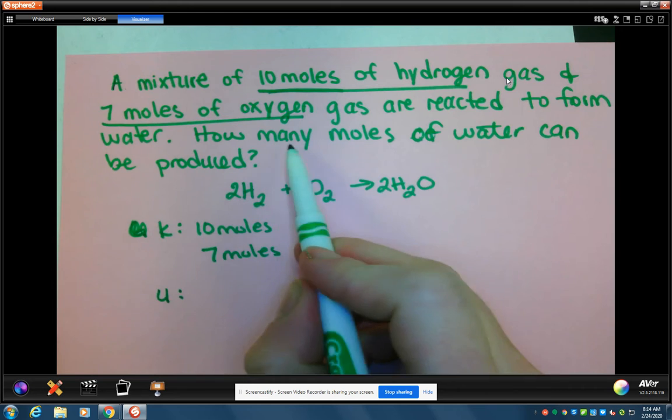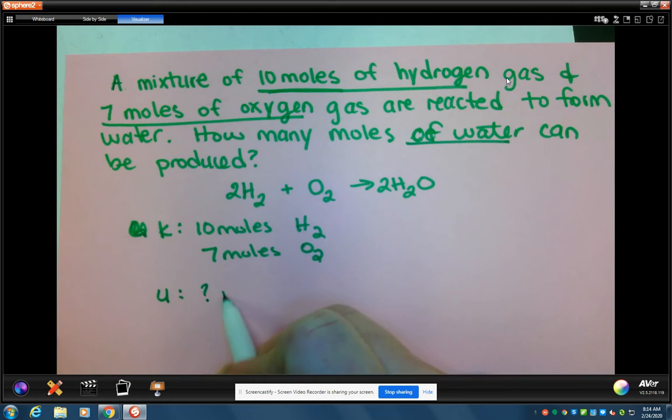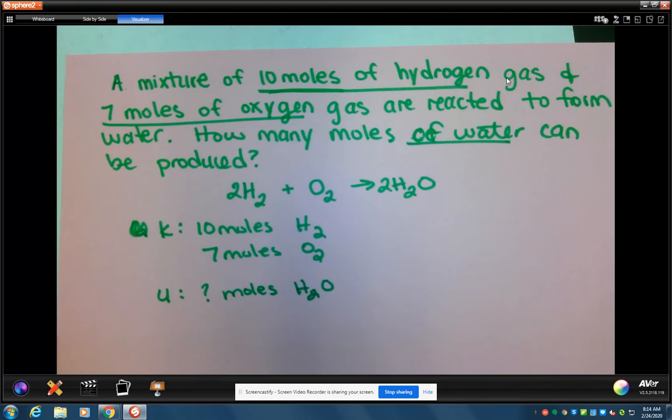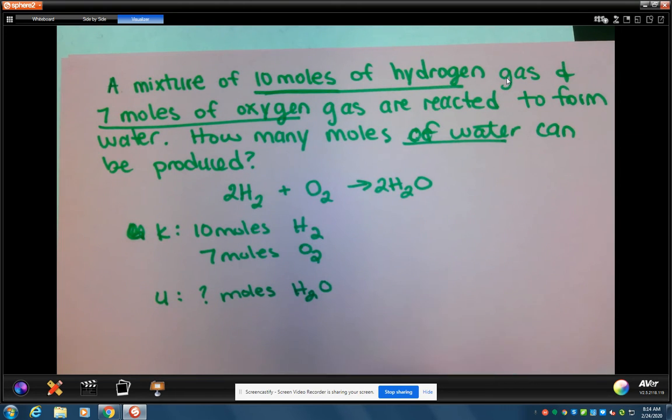Your unknown, how many moles of water? So we're looking for moles of water. Notice that I'm putting units and chemicals on everything because this is super important. Now, this is going to ask you to solve it twice, and then we'll talk about what those two answers actually mean because only one of them is correct, and some definitions of some chemistry terms that you're going to have to be familiar with.